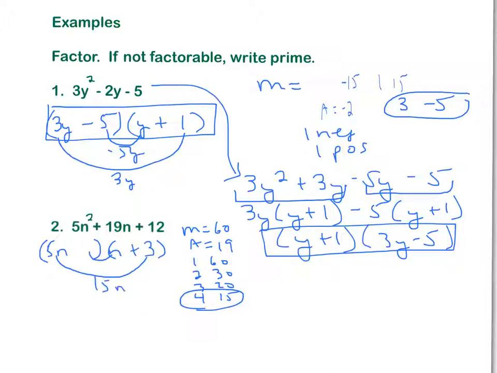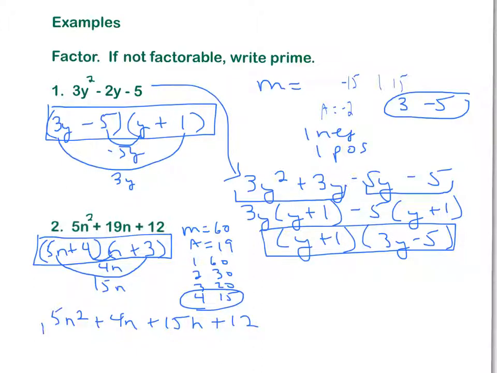So I get my 15n, and then this one's going to have to be a plus 4 to give me the 4n. And you can see clearly that 4 times 3 will also give me the 12, so it works.